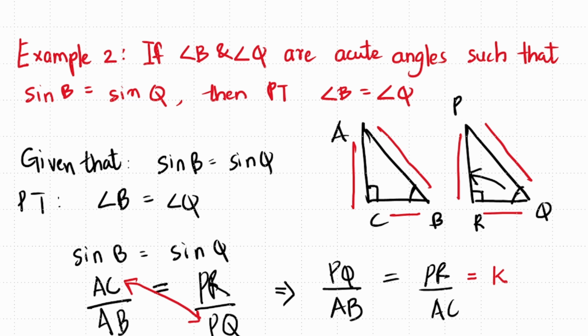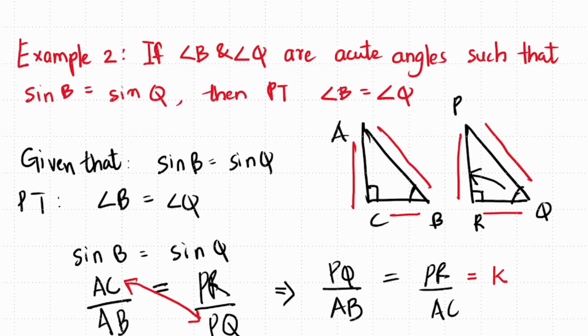Since PQ by AB is equal to K, this simply implies that PQ is equal to K into AB.